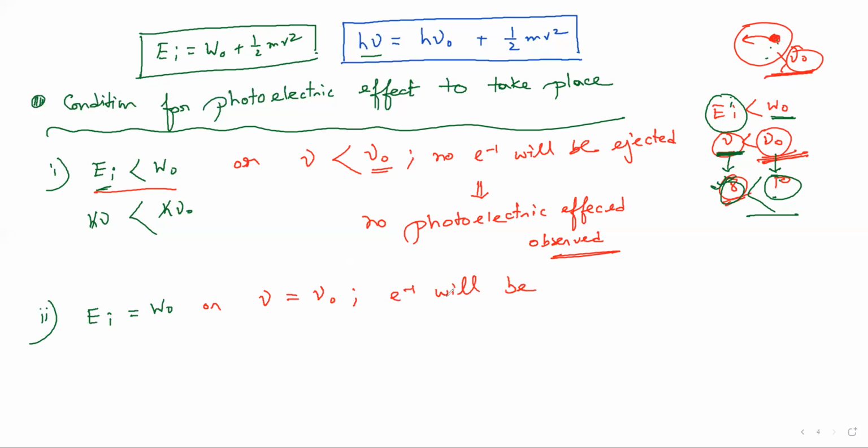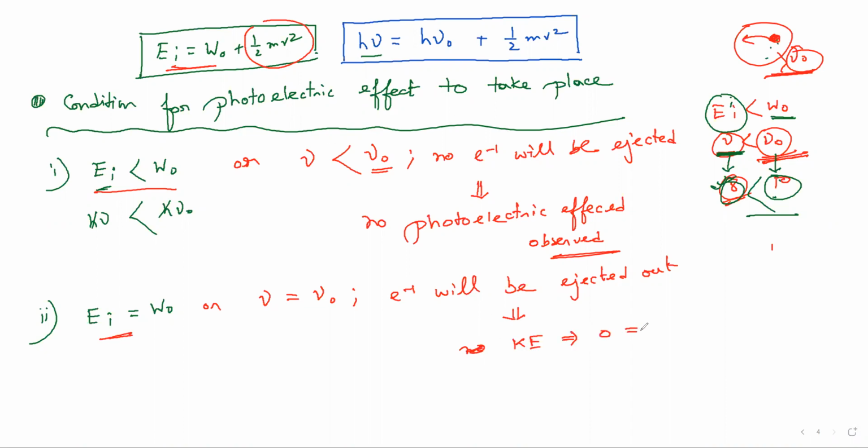But there is no kinetic energy, because I already told you, if EI value equals W naught, then this value becomes 0. So kinetic energy becomes 0.